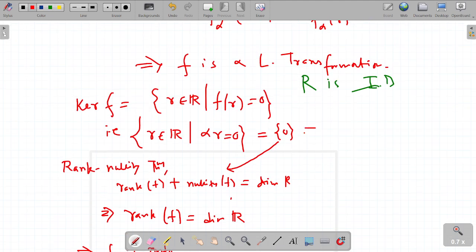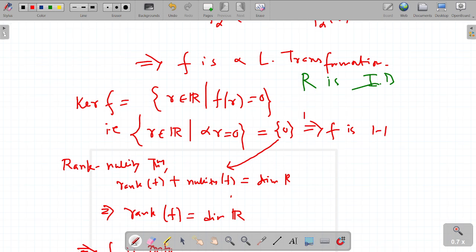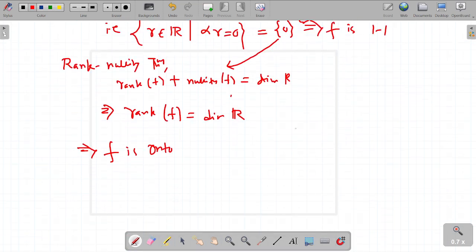And from the kernel being 0, I can say that f is one-one. These are standard results: if the kernel is 0, then the function is one-one, and if the rank of f equals the dimension of the codomain, then f is onto.